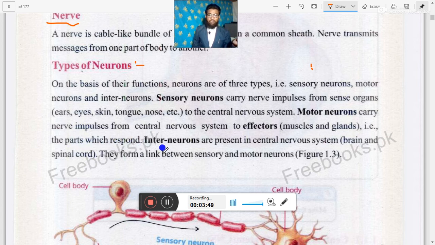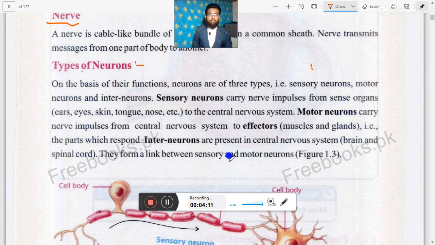Dear cadets, now the third type of neuron is the interneuron. Interneurons are present in the central nervous system, meaning brain and spinal cord.